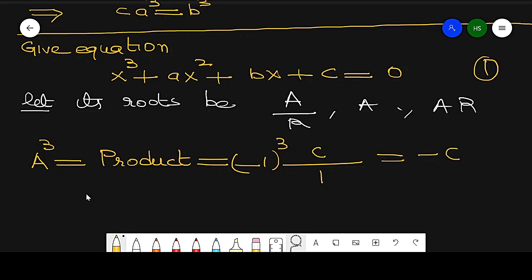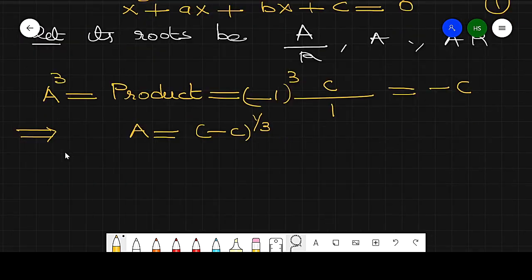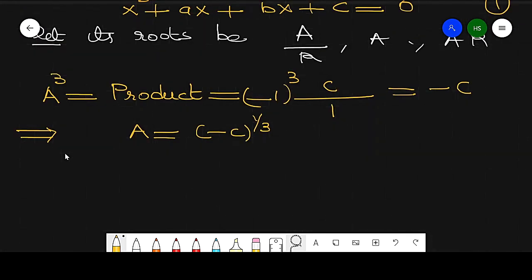So a cube is minus c, and from this we find one of the roots, a, equal to minus c raised to power 1 by 3, the cube root of minus 1. So we get the 3 values.